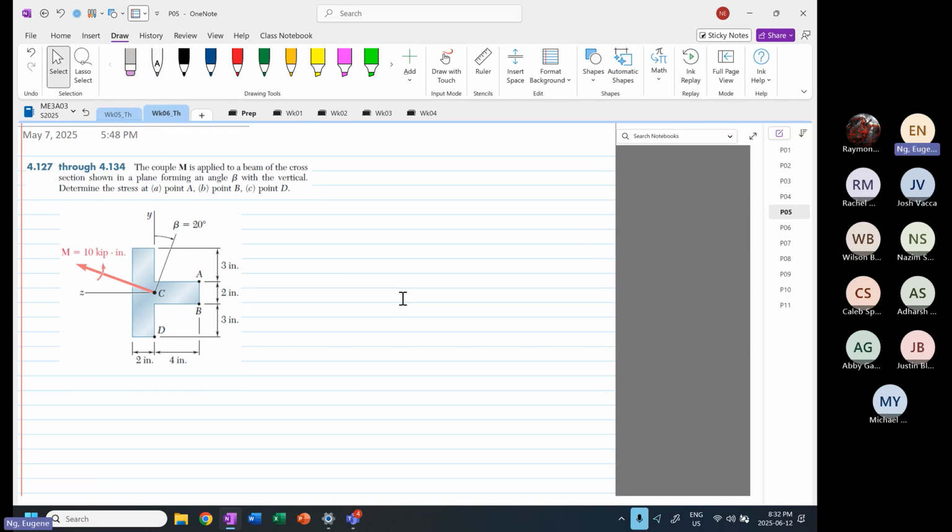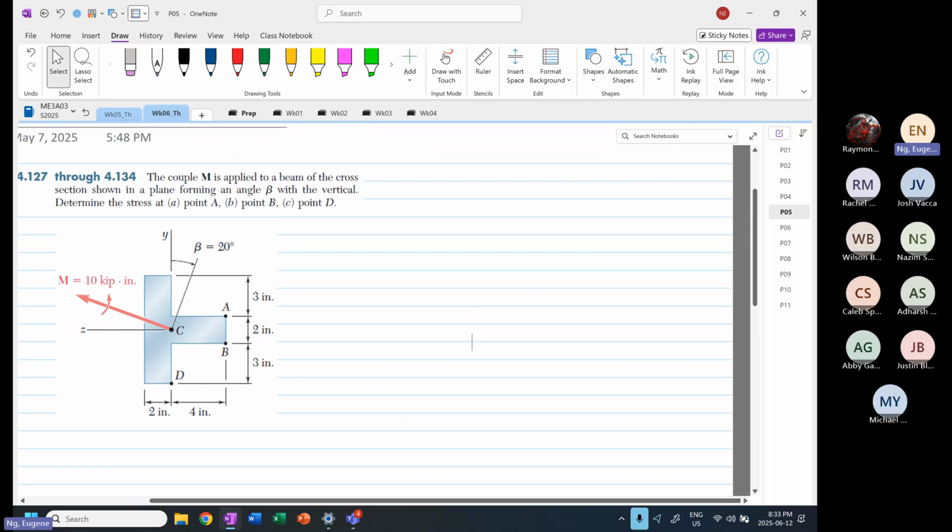So you have 20 degrees. Determine the stresses at point A, point B, and point D. And we are very sure for this case that it is unsymmetrical bending, and I'll explain to you why.